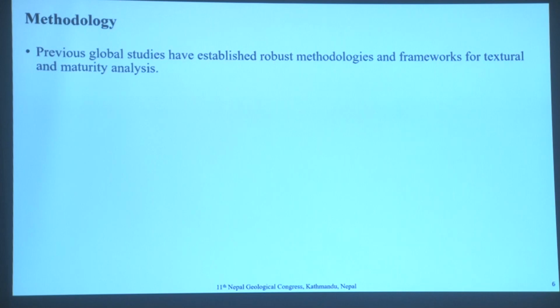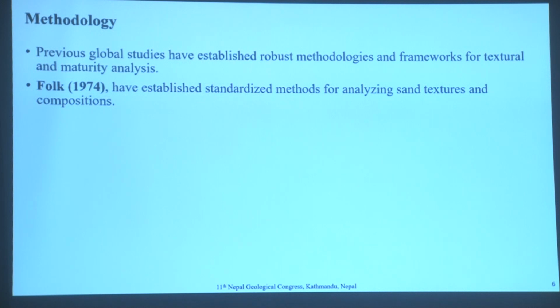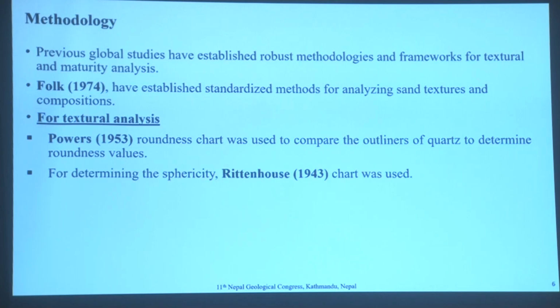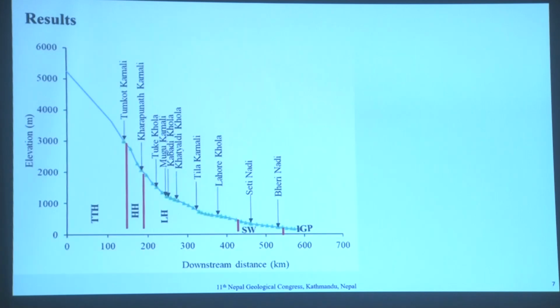Previous global studies have established robust methodologies and frameworks for textural and maturity analysis. Folk in 1974 established a standardized method for analyzing sand texture and composition. For texture analysis, I have used Powers' roundness chart to compare the outlines of quartz and determine the roundness. For determining the sphericity, I have used the Rittenhouse chart.